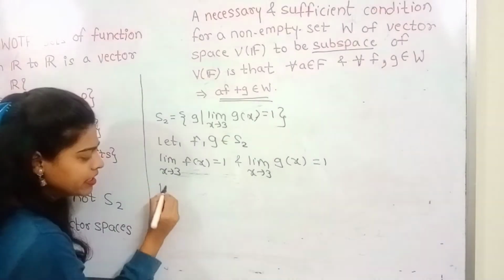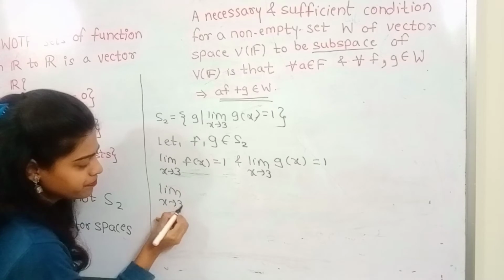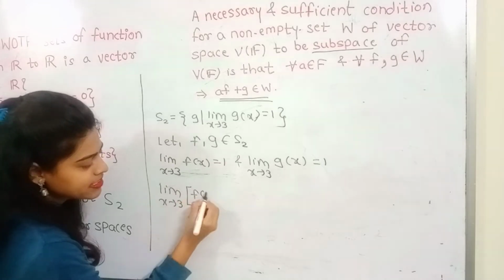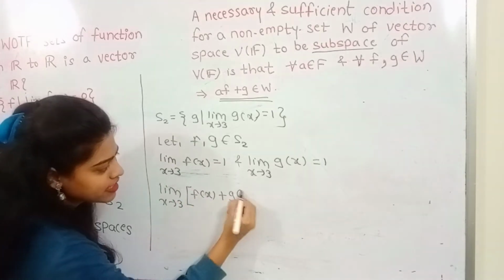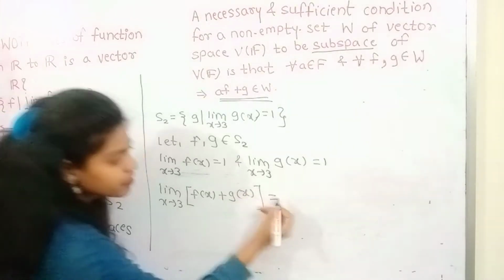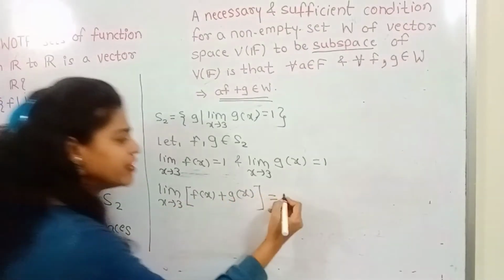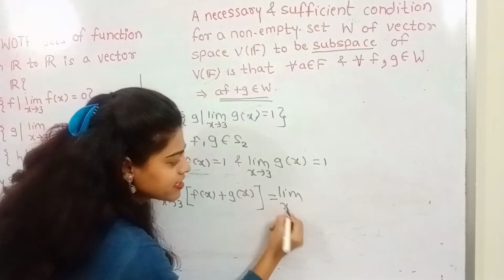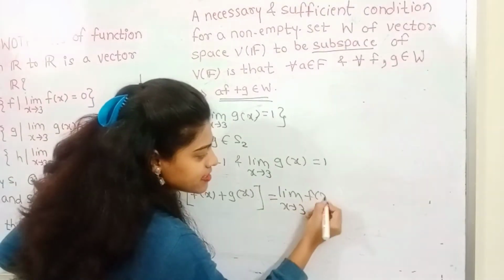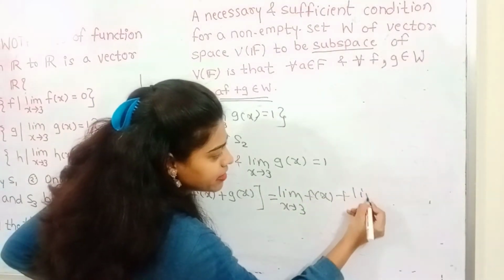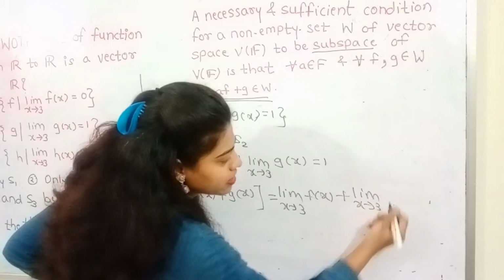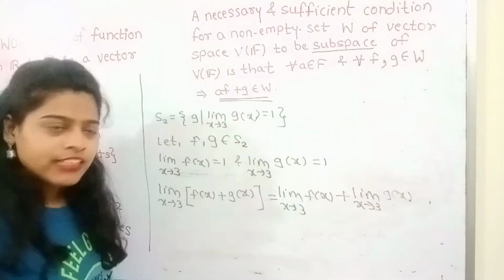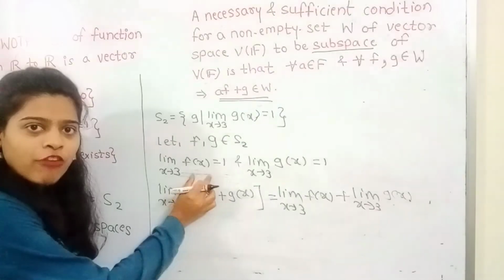Therefore, limit x tends to 3 of f(x) plus g(x) is equal to, by the property of limit, limit x tends to 3 of f(x) plus limit x tends to 3 of g(x). As we know, limit x tends to 3 of f(x) is equal to 1.